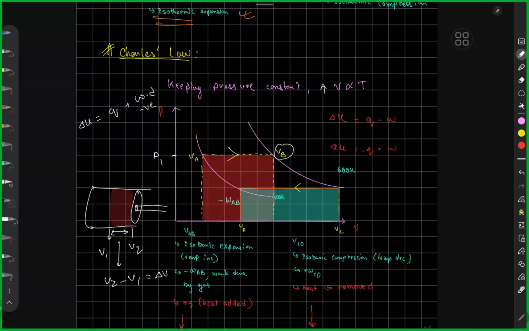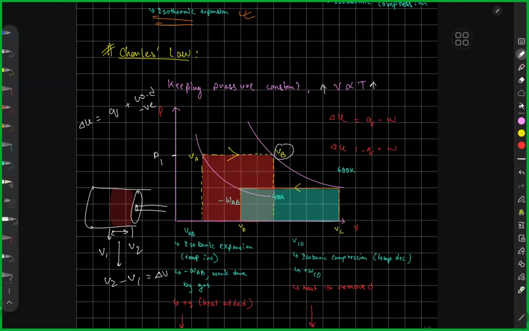Now, my question to you is, when volume is increasing, what happens to temperature? If pressure is constant, temperature must also increase. Granted, pressure is constant. Just formula, with respect to our PV equals nRT formula. So if my volume is expanding or increasing, temperature must also increase, granted pressure is constant. So if temperature increases, what does that mean? Internal energy increases.